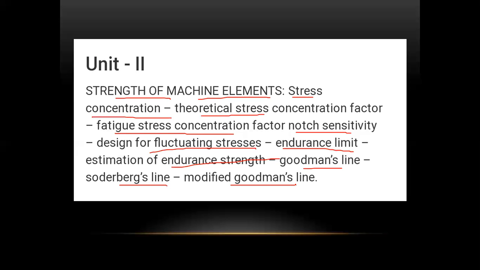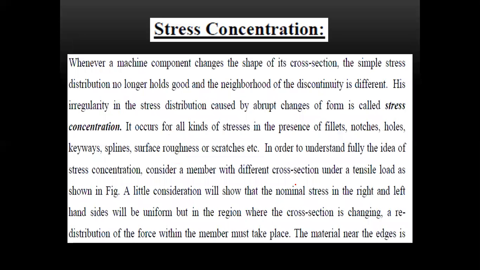Okay, right. So if you see the stress concentration concept, whenever a machine component changes the shape of its cross section, say the object has one diameter up to here, and when you cut the cross section at this point, you can see the cross section is reduced.